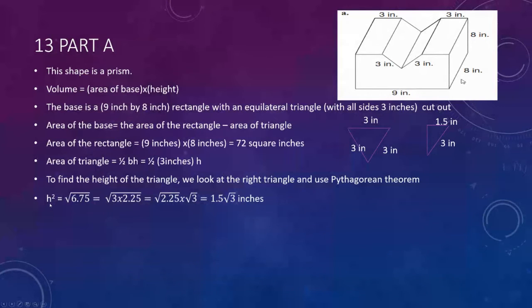And if you do that, you'll find that the height, h, is the square root of 6.75. And I simplified that. 6.75 is 3 times 2.25. And so we have the square root of 2.25 times the square root of 3. The square root of 2.25 is 1.5.